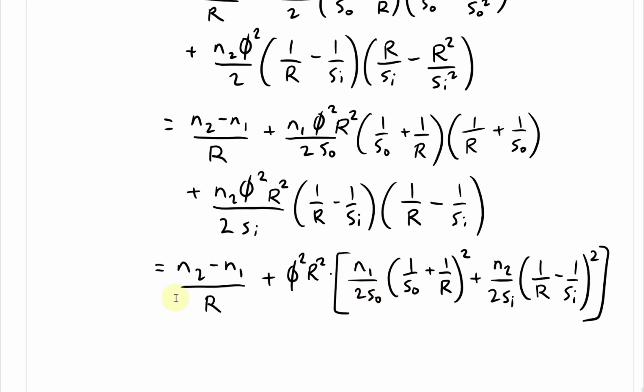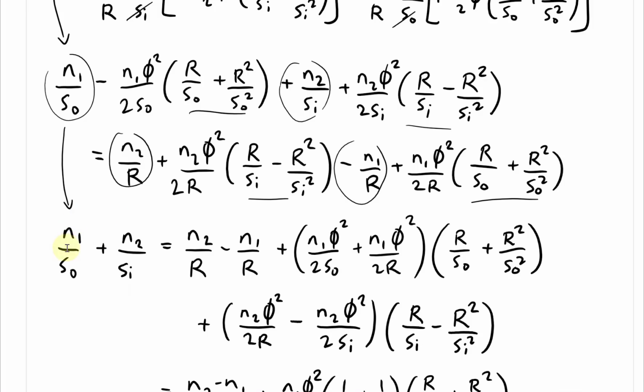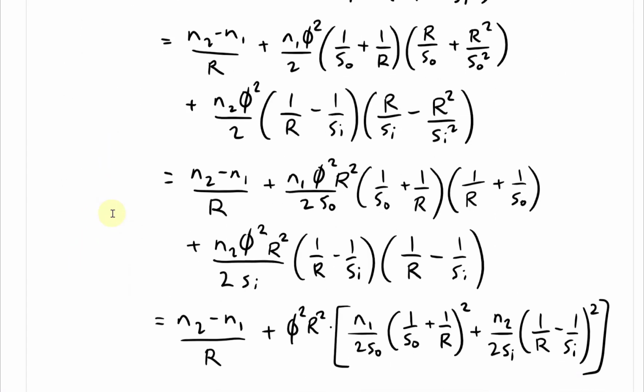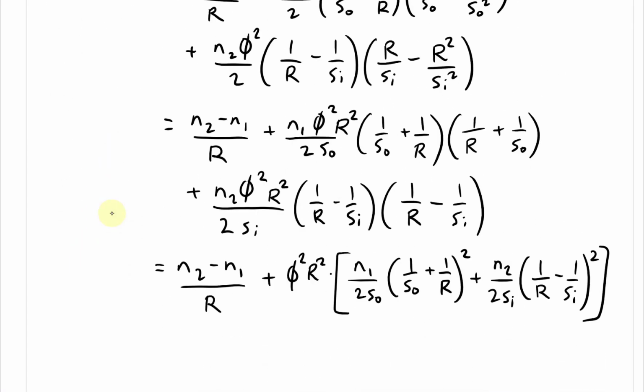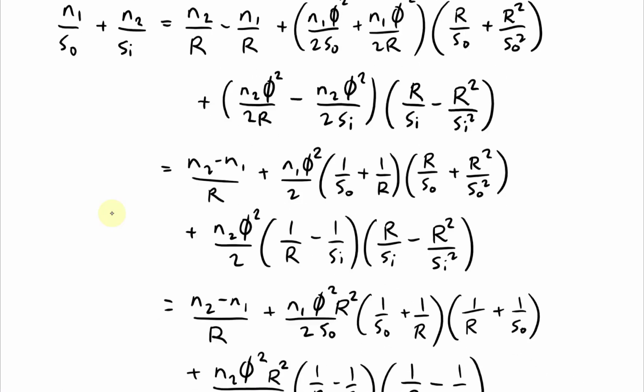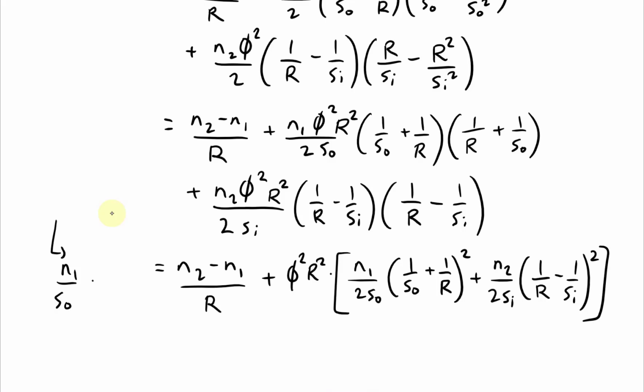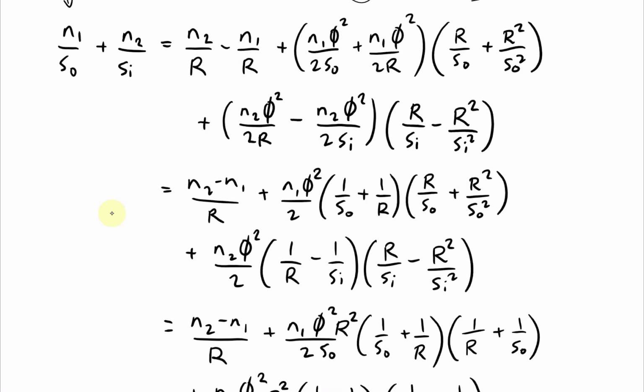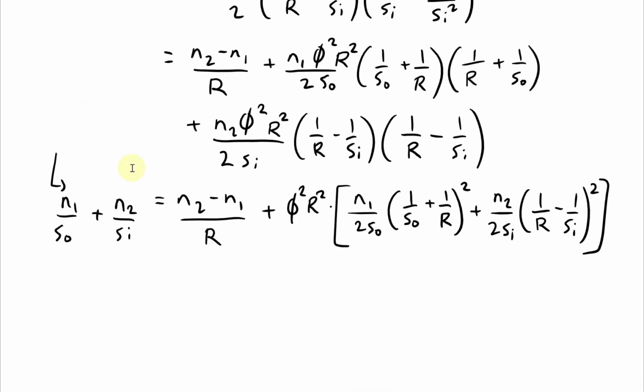And yes, that's what we have there. And let's just bring down what this was. So n1 over so plus n2 over si. So this is going to be n1 over so plus n2 over si. Like that. So that's what we have over there. Put this as a subscript.